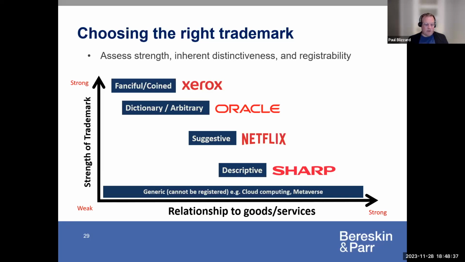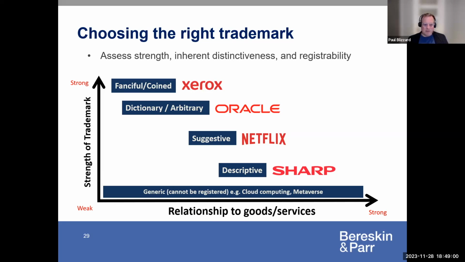Then there are dictionary and arbitrary terms. This is the use of a dictionary term that is not really connected, such as the arbitrary association of Oracle with computer software. That is the next step down in terms of trademark strength.